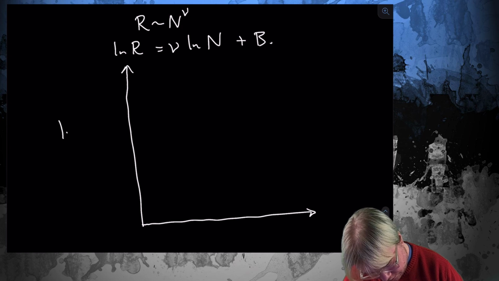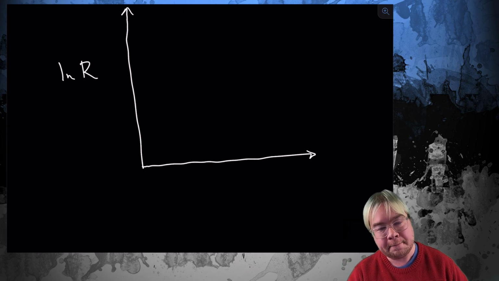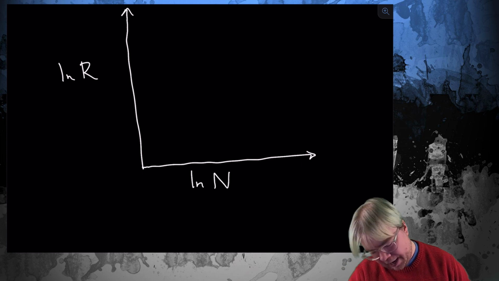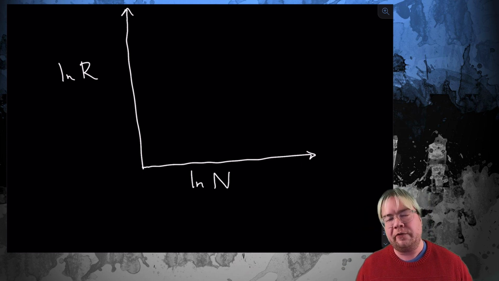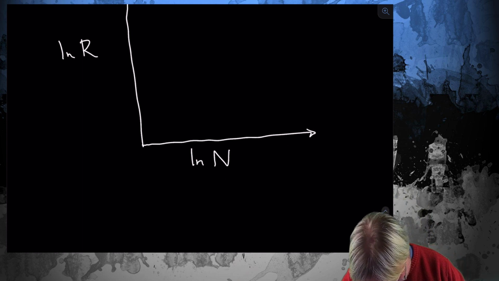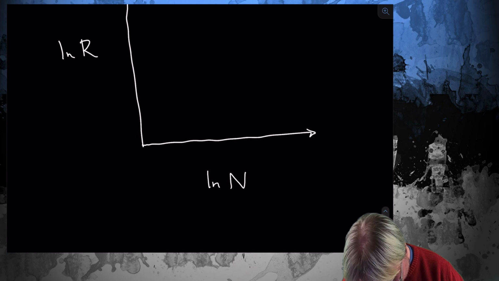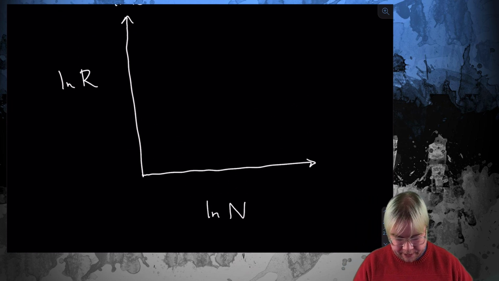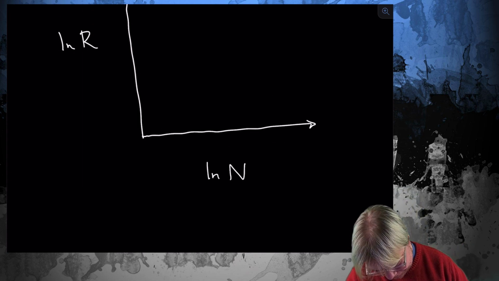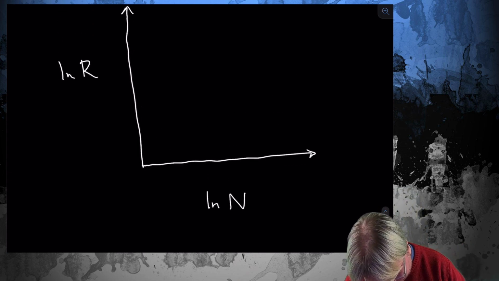Let's plot log R as a function of log n, or we could plot this on a log-log scale, but I don't really want to draw a log-log scale because I'm not so good at it. All right. Let me also move this label down. There we go. Oh, I love this app. Thank you, Sean Carroll at Caltech. Thank you. All right. So let's start talking about the conformation of a polymer.